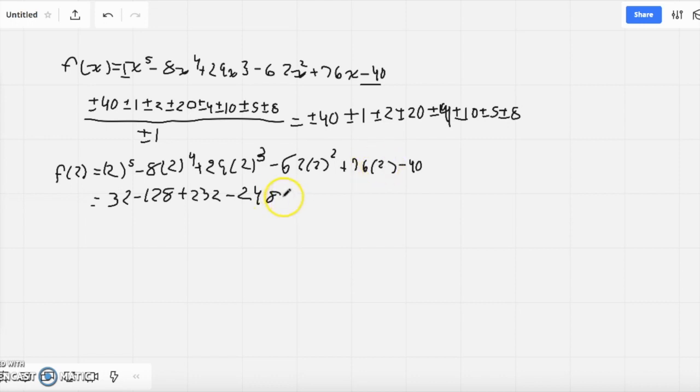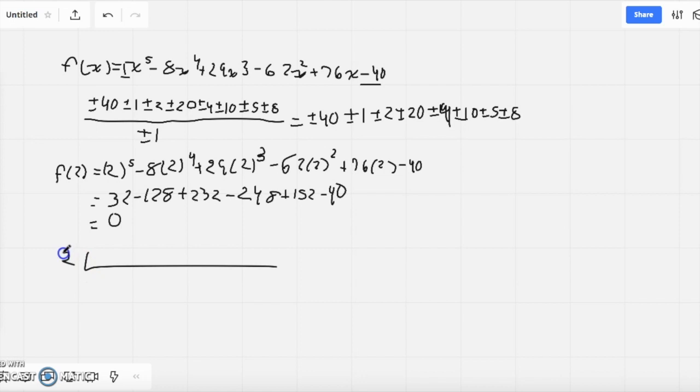Then 76 times 2 will be plus 152. And then all said and done, minus 40. Once you add up all these numbers, you will get 0. So now that we see that 2 is indeed a factor of f of x, we would take this and start our synthetic division to simplify this larger equation.